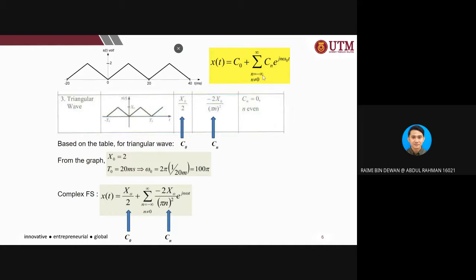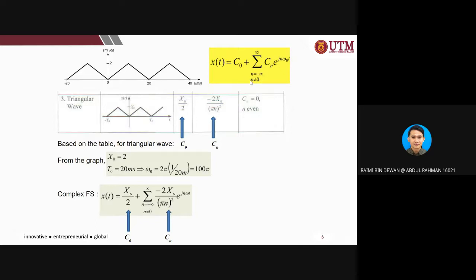This one depends. If you have 1 until infinity, your equation will be longer, like the previous one that I showed. But if you have negative infinity and infinity, you have a more compact equation. This is n not equal to 0. If n not equal to 0, where is n equals to 0? Anyone care to answer? You can respond in Google chat.